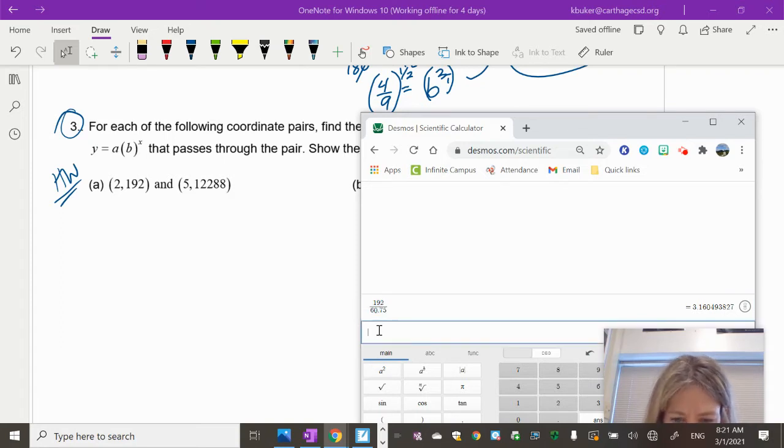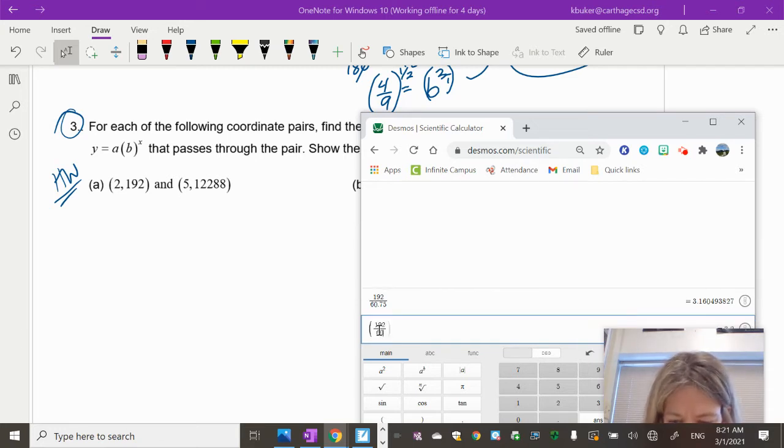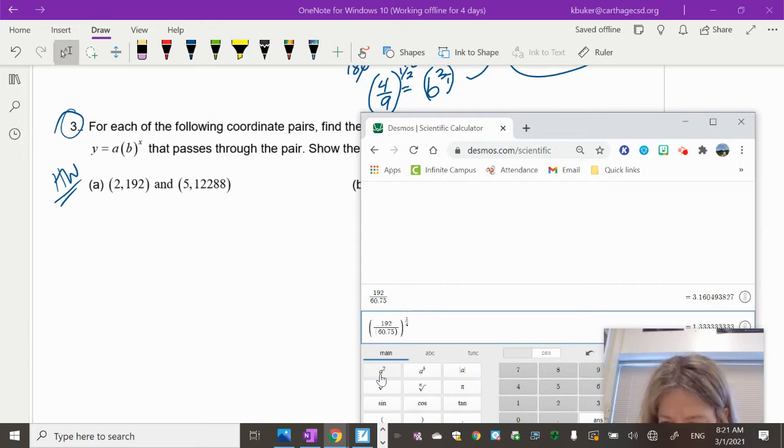Let's do it again. Okay, 192 divided by 60.75, and I'm going to make sure the whole thing's in parentheses, and I'm going to raise it to the 1/4 power.